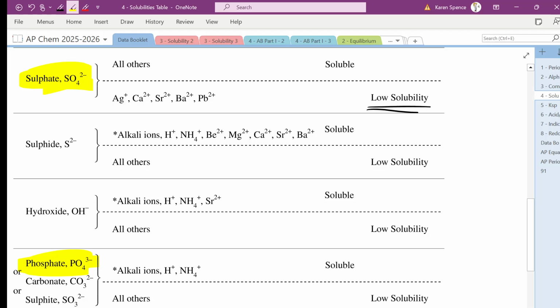Okay, so if we choose calcium, that will precipitate sulfate.